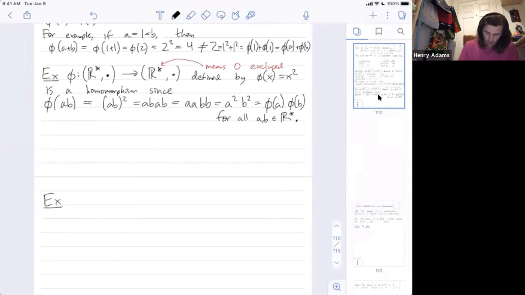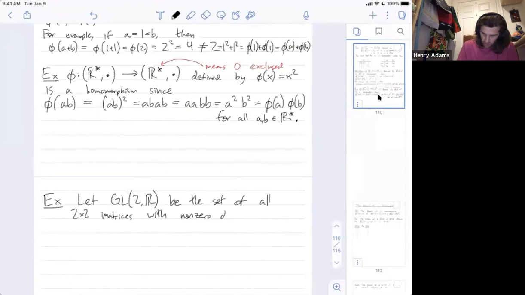Let the general linear group be the set of all 2 by 2 matrices with non-zero determinant. And the matrices have entries that are real numbers.